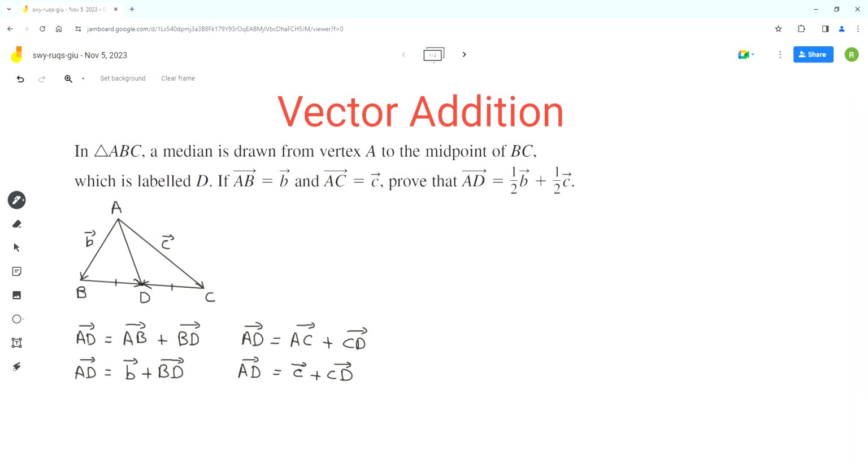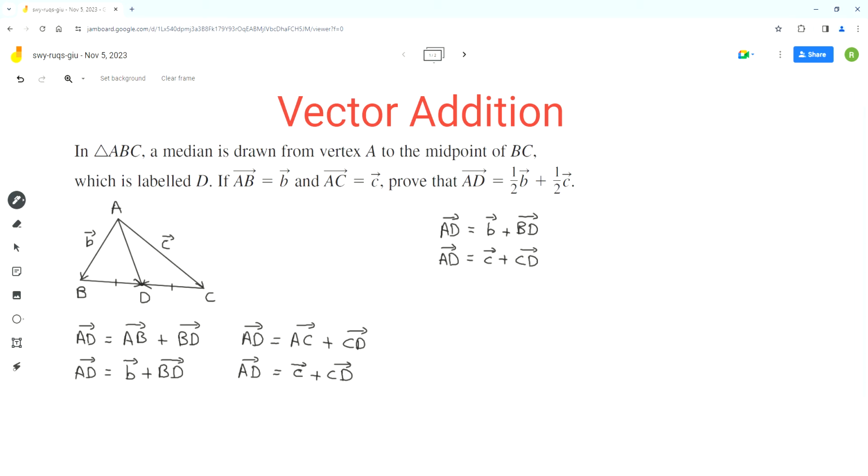Now the next step is to add these two equations we got for vector AD. So I'll write them again here. I got AD is equal to vector B plus BD, and AD equals vector C plus CD.